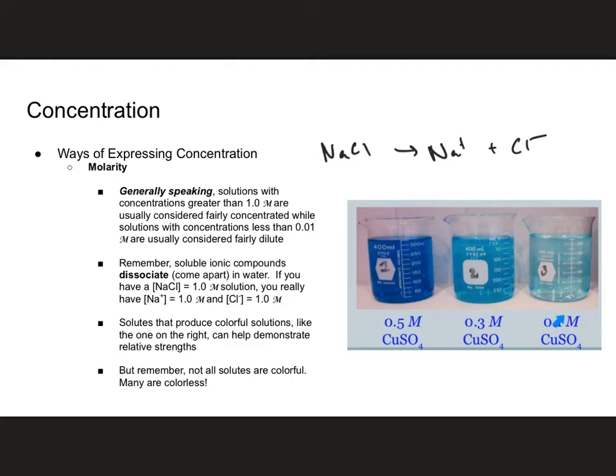The lower the molarity, the more dilute it is. But remember, not all solutions are colorful. This one's easy to look at because it's blue, and the more blue it is, the more concentrated it is. The reality is a lot of solutions are colorless, and you can't tell by simply looking at them. So in lab, you can't just assume something's dilute or concentrated by looking at it. You'd actually need to test it and know.